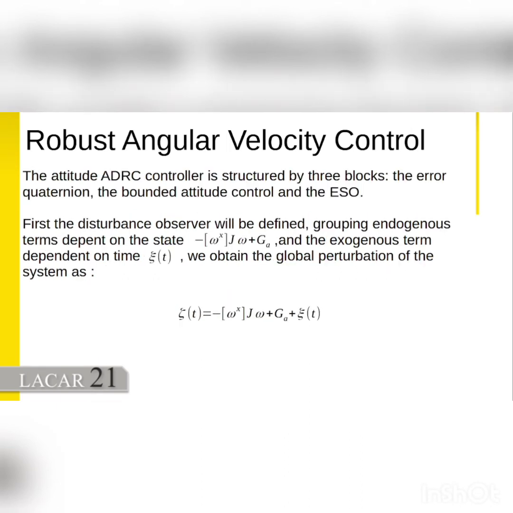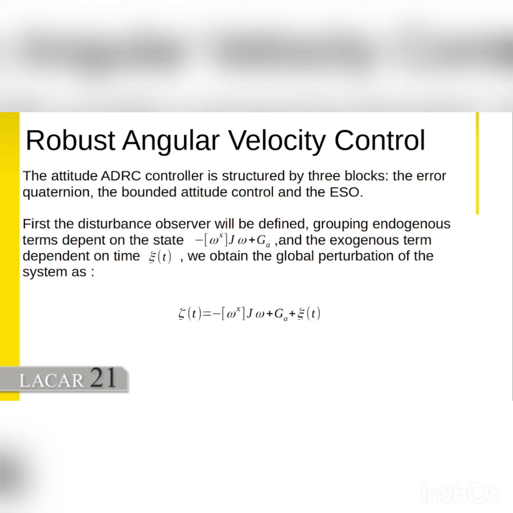Then the attitude control is structured by three blocks. First, the error quaternion. Second, the bounded attitude control, and lastly the observer. First, the disturbance observer will be defined grouping endogenous terms that depend on the state, and the exogenous term that depends on the time.